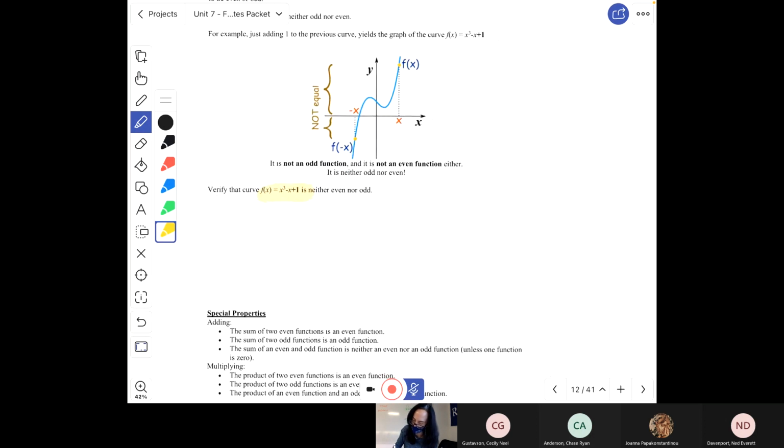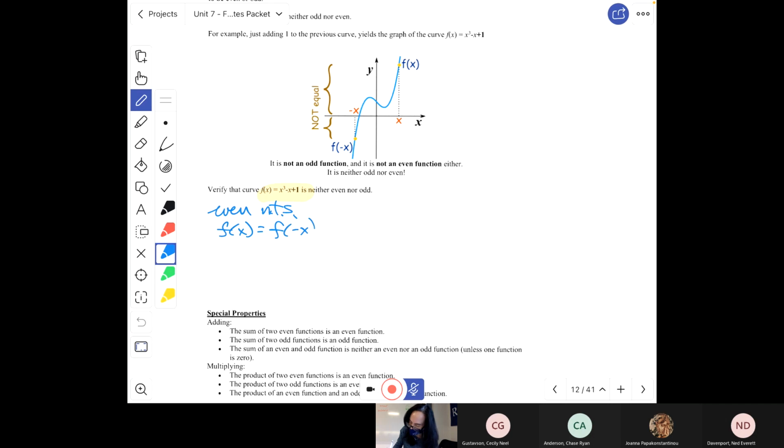That's good practice. So if it's even, I need to show f of x equals f of negative x. If it's not even, I try odd, and I would need to show f of x equals negative f of negative x. If neither of those are true, it's neither. So try it.